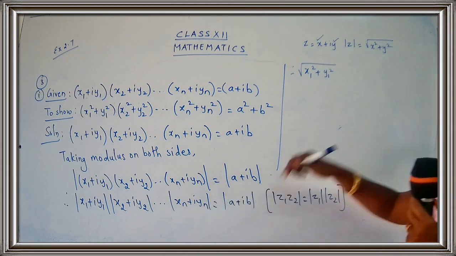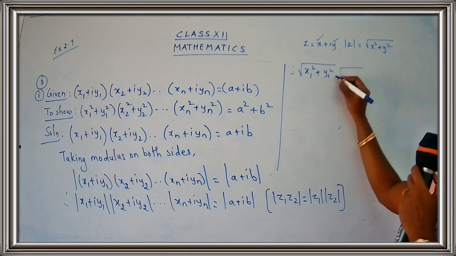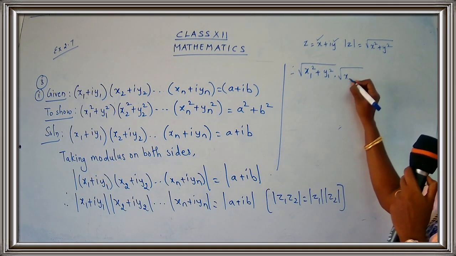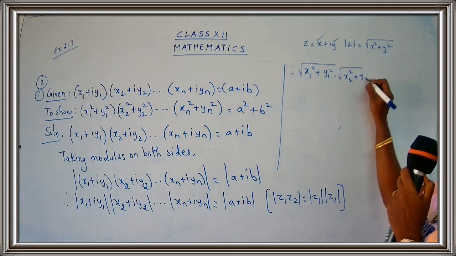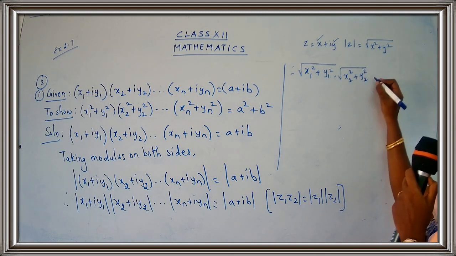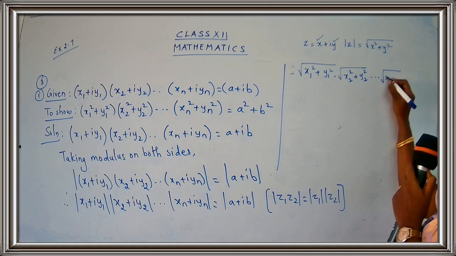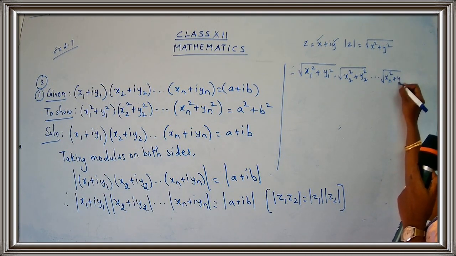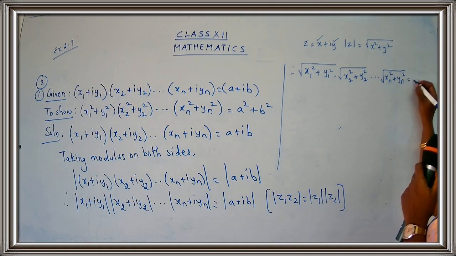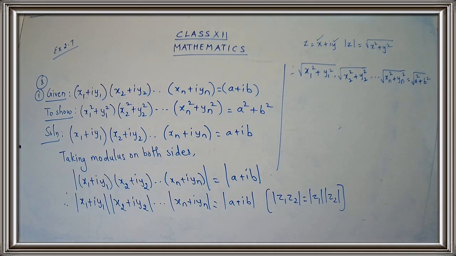Okay. Now, similarly, go for the next one. You put here square root of x2 square plus y2 square dot dot dot square root of xn square plus yn square, and this is equal to square root of a square plus b square. Okay, children, so we have just applied the formula for absolute value or modulus, one and the same.